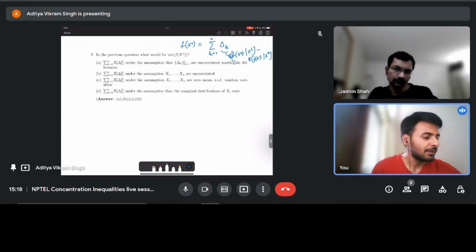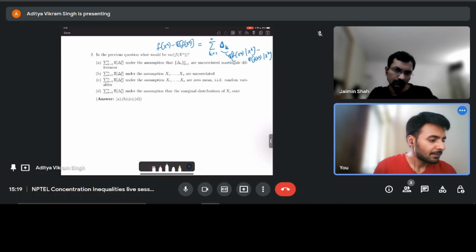For k equals 1, k minus 1 means you're given nothing, so it would just be the plain expectation. So this quantity is f of xn minus the expected value of f of xn. And we broke this random variable into n parts.